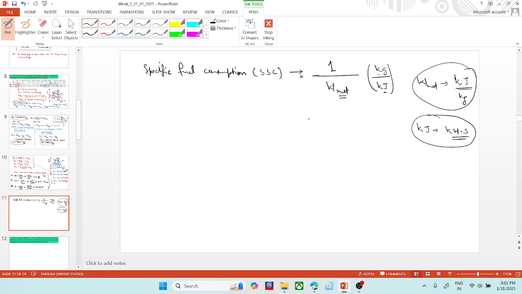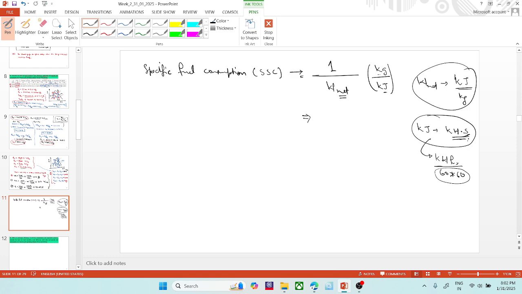Now, the conversion of kilojoule to kilowatt hour, another way, I can write it kilowatt hour, I can convert this second to hour by dividing by 60 minute and 60 second, then I am converting this second into hour. So this 3600 is coming from here.